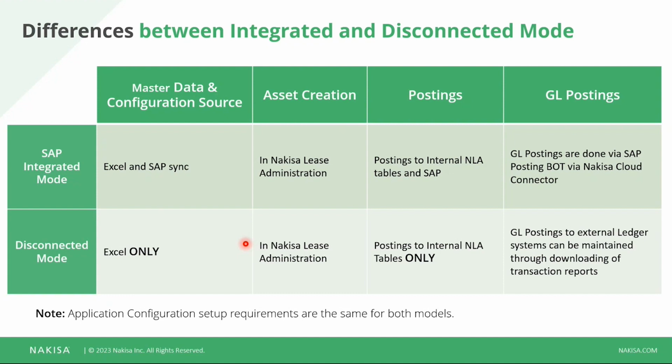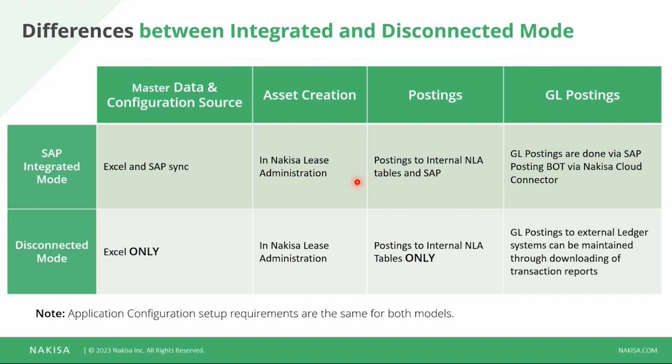The postings, all the journals that we generate in disconnected mode, stay internal in our internal posting tables. On the other hand, in an SAP integrated environment, we have it in both places. We have it internally posted and then externally posted, and those should be in sync.